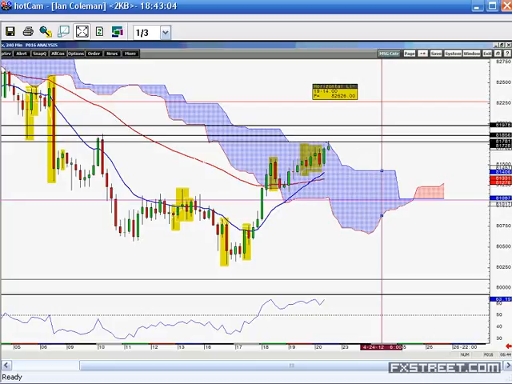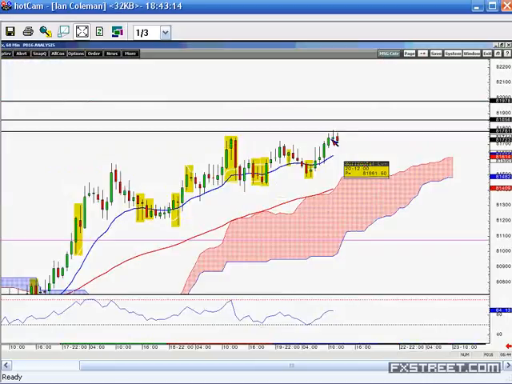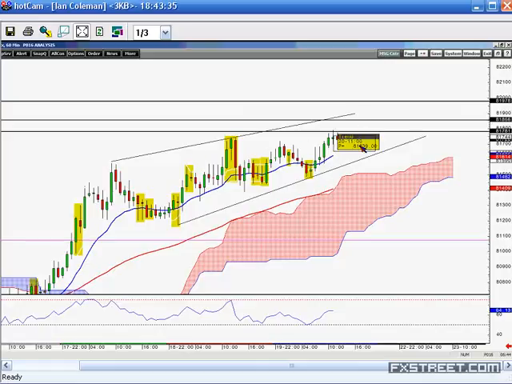So again, down to shorter time frames, what's happening? Not great. Okay, but it is pausing up around these high levels. Potentially making a wedge into it.